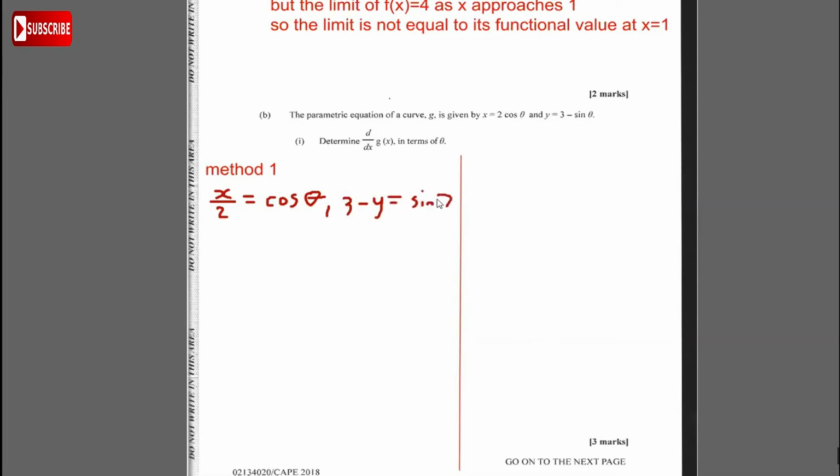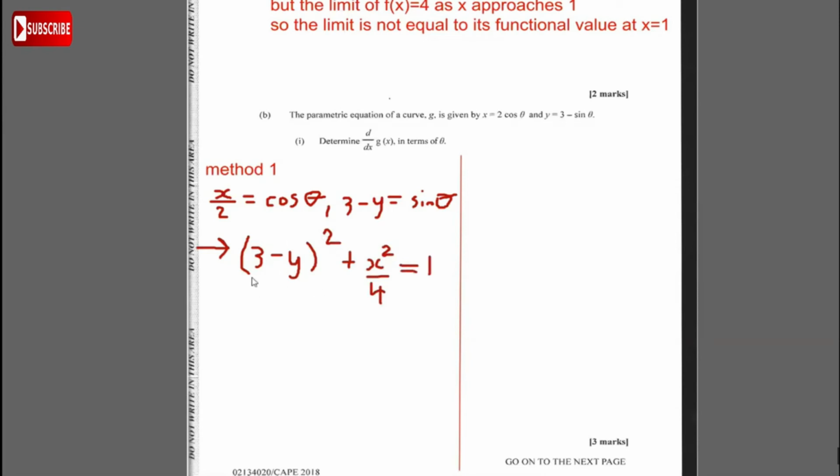But remember, sine square plus cos square equal 1. So that implies that 3 minus y all square, sine square plus cos square, where cos square would be x square over 4, is equal to 1. All we need to do is make y the subject here.